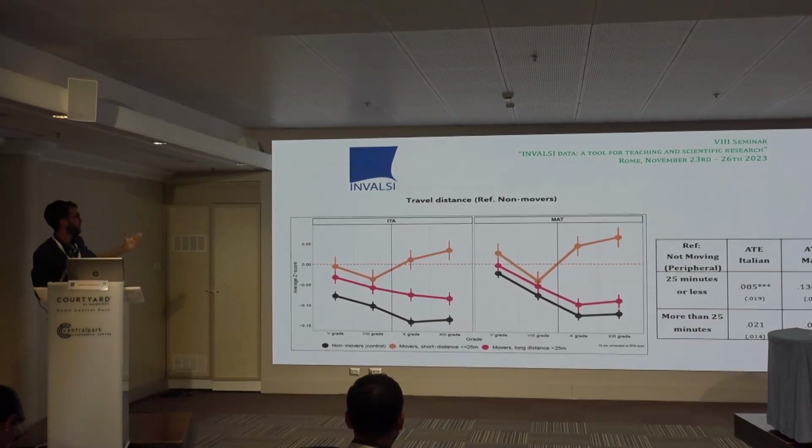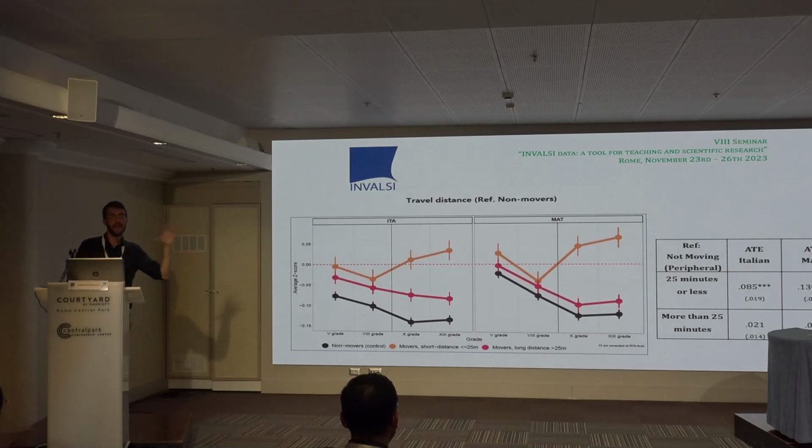As we can see, for both Italian, but in particular for mathematics, those that move far away, to a school which entails travel costs, have the same performance as those not moving and attending school in peripheral areas.